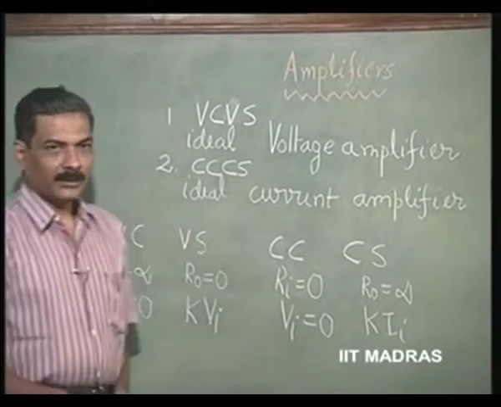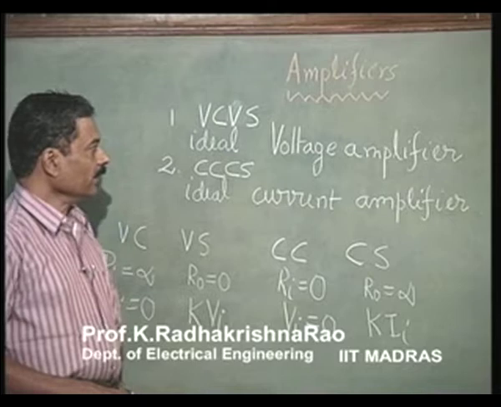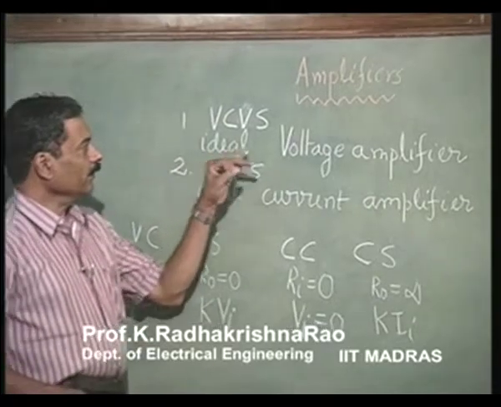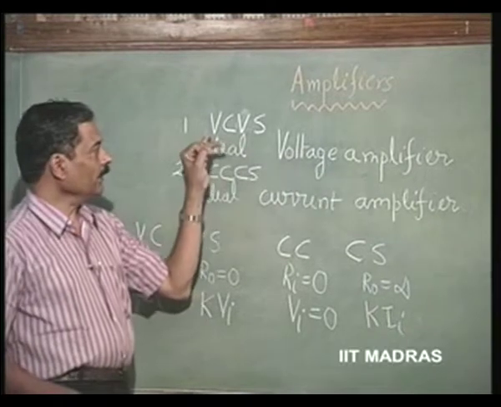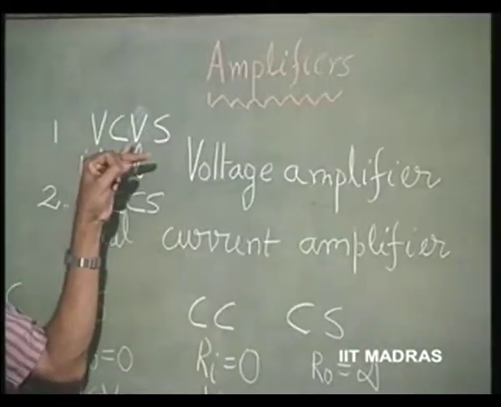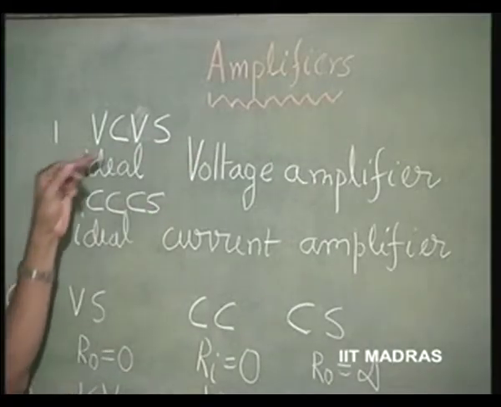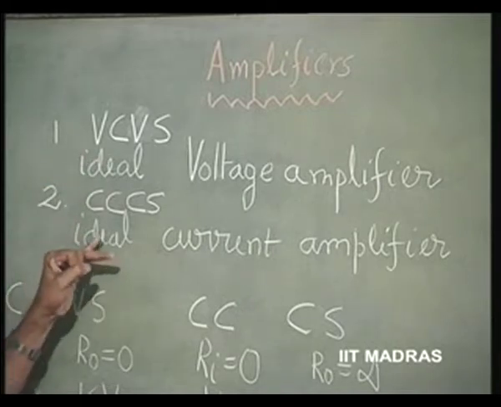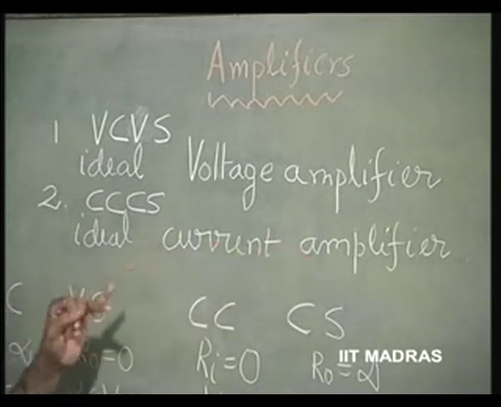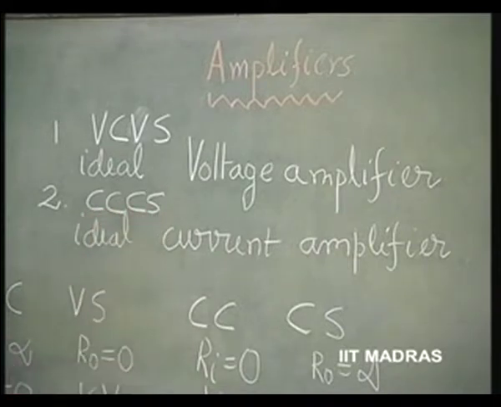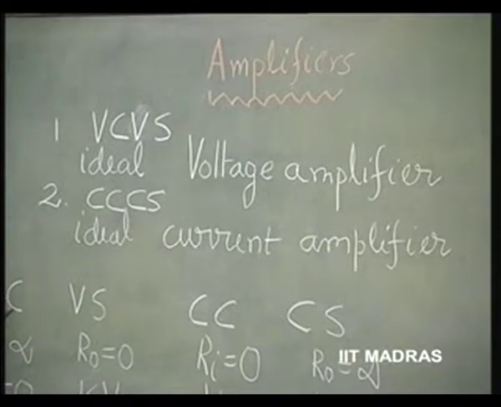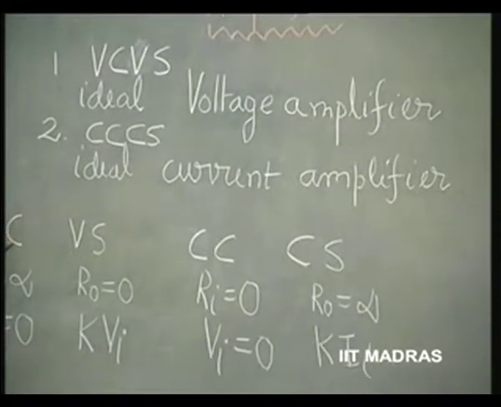In the last class, we learnt about the ideal voltage amplifier, which we call a voltage controlled voltage source. The ideal current amplifier, then we said, is nothing but a current controlled current source. Very simple terminology regarding what is meant by voltage control and what is meant by current control.